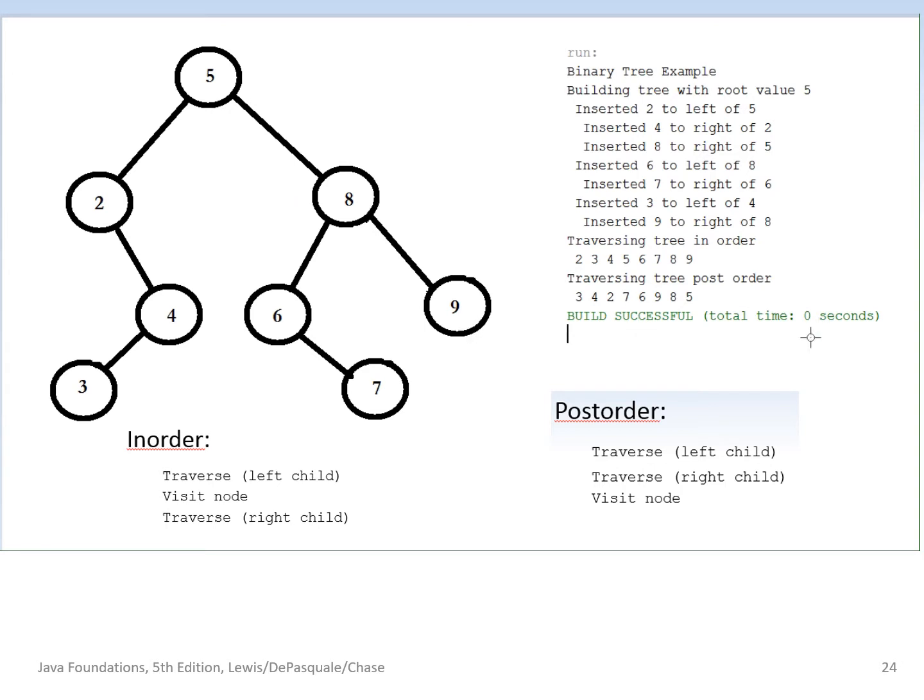And then we're going to have a method that traverses the tree in order and post order. And in order will yield the values 2, 3, 4, 5, 6, 7, 8, 9.